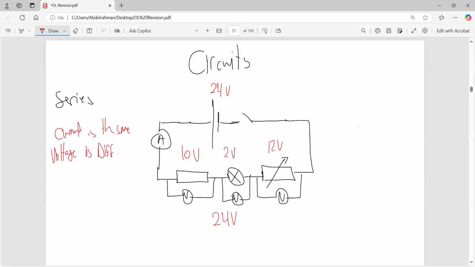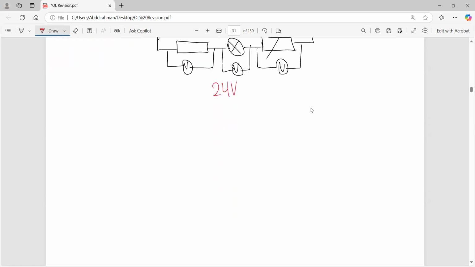Okay? Good. What about if we move on to a parallel circuit? Let's draw a parallel circuit. In a parallel circuit, you'd have the battery connected to another open switch, and let's say an ammeter.